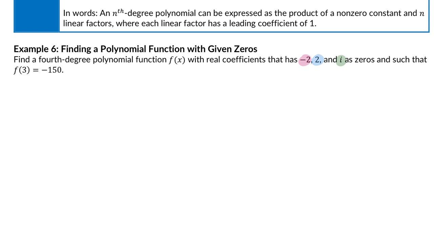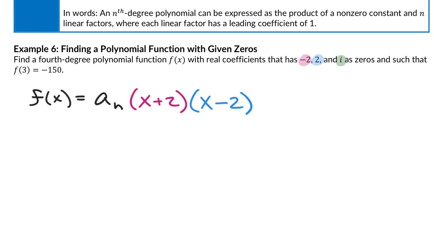It tells me that my polynomial can be written as some number that I'm going to figure out later, multiplied by x plus 2, multiplied by x minus 2, multiplied by x minus i, and x plus i.